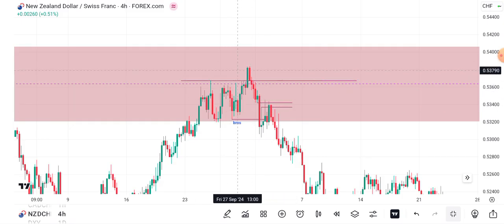The midpoint, as ICT has said, is the sensitive part of fair value gaps which you want to take note of, and you want to take note of how price reacts there.